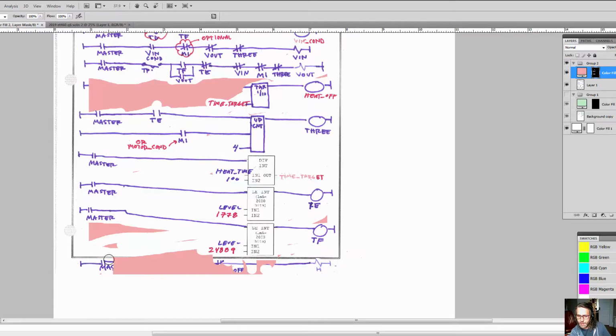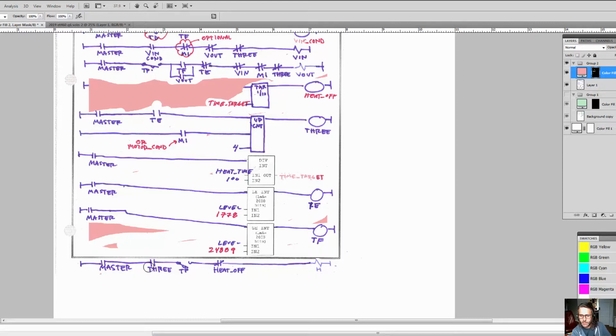Again, I was bad and I did not give myself separate condition and action rungs, but I've got a master here. So clearly the heater has to turn on when you count to 3. And also your tub is in position, definitely. And then the last part of this is the heater is going to cut. The whole point is the heater cuts when your time target activates. So I've got heat off.